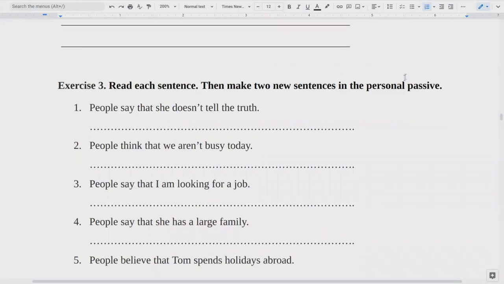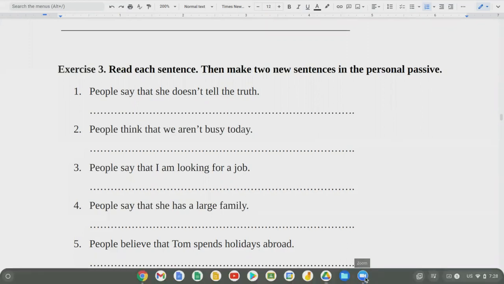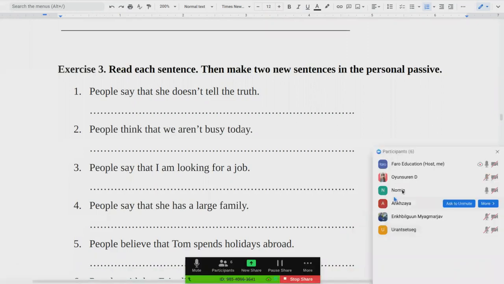Exercise 3. Read each sentence, then make 2 new sentences in the impersonal and personal passive.